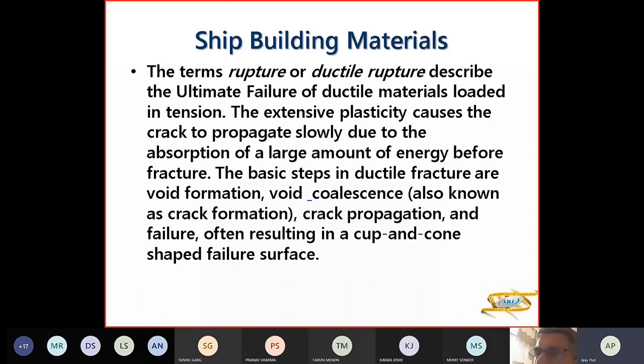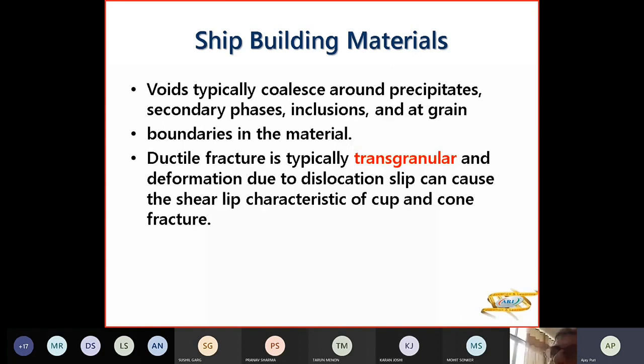Then the crack propagation takes place, and then you finally have cup and cone shape failure. The voids or the gaps inside will join together around the precipitates and the inclusions and at grain boundaries. So ductile fracture is typically transgranular, and the deformation due to dislocation slip can cause shear lip fracture, characteristic of cup and cone.